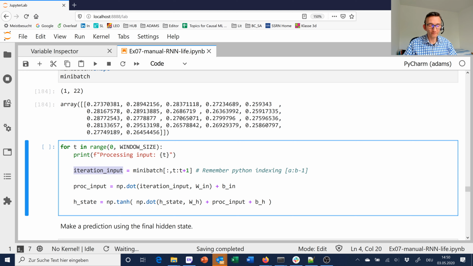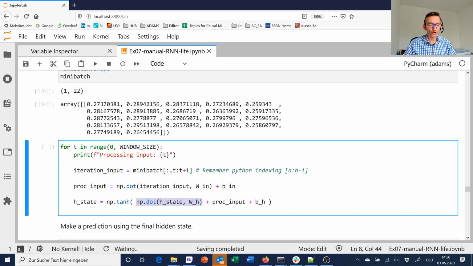This time we simplify the code a little bit, doing that in one row. We have the previous hidden state multiplied by its weights matrix. We add the processed input to it. We add a bias. And this is how we update the hidden state.